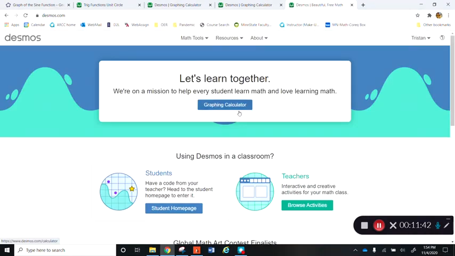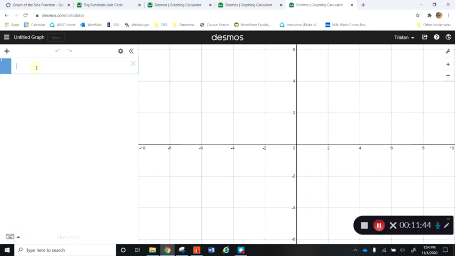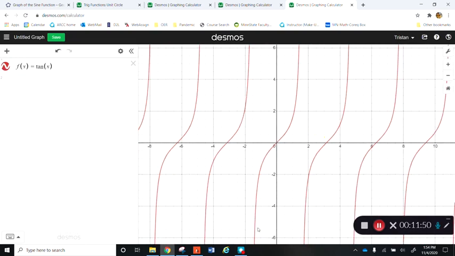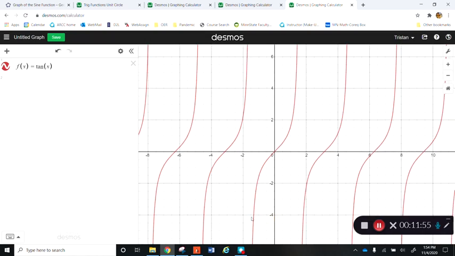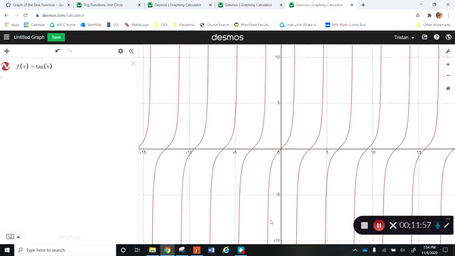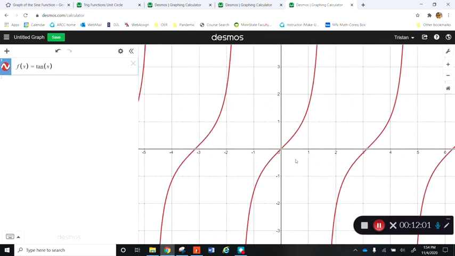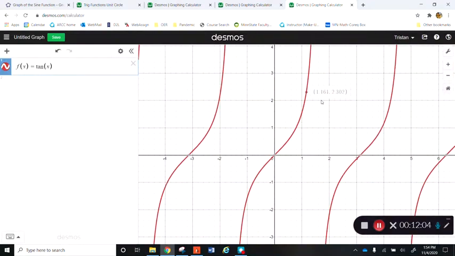There we go. In Desmos, tangent: f of x equals tangent of x. For this one, we've got to capture the entire range. So we have to pick a segment that's going to go all the way from negative infinity to positive infinity. But we want to include the acute angles as always. So that would be this segment here. Obviously, we're just going to take this little part here. No, sorry, I misspoke.